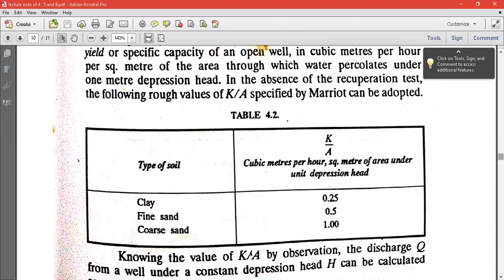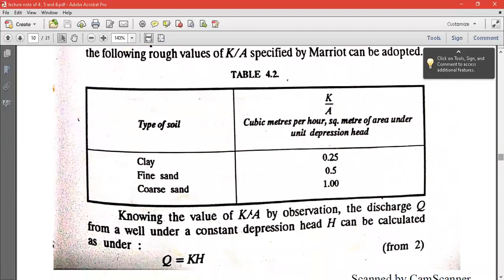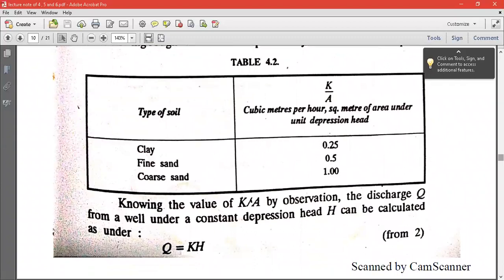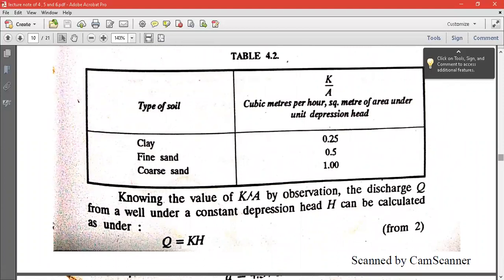If we want to find the yield of an open well in a clay region, K by A from Marriott's chart is 0.25. For fine sand, K by A is 0.5, and for coarse sand it is 1, because coarse sand is a permeable soil. So the specific yield is 100 percent, so K by A is 1.